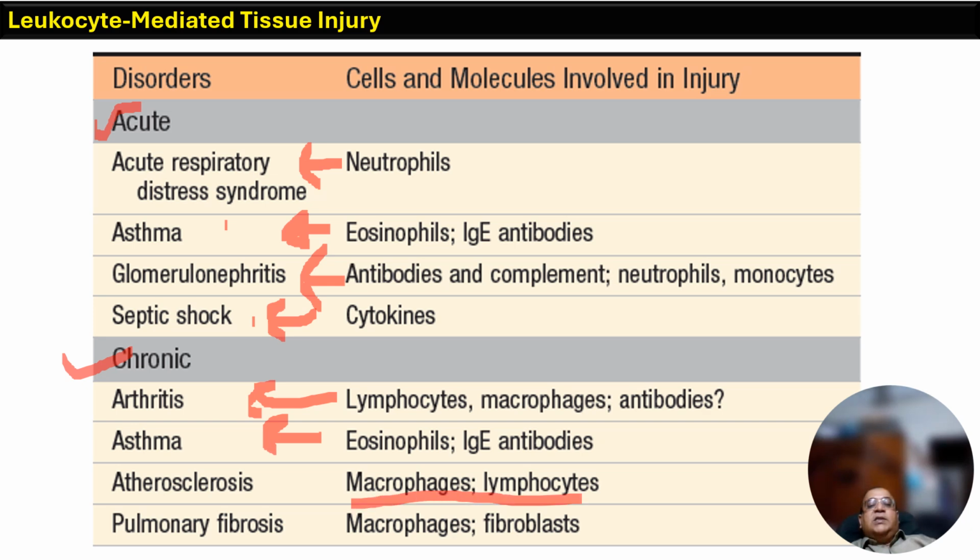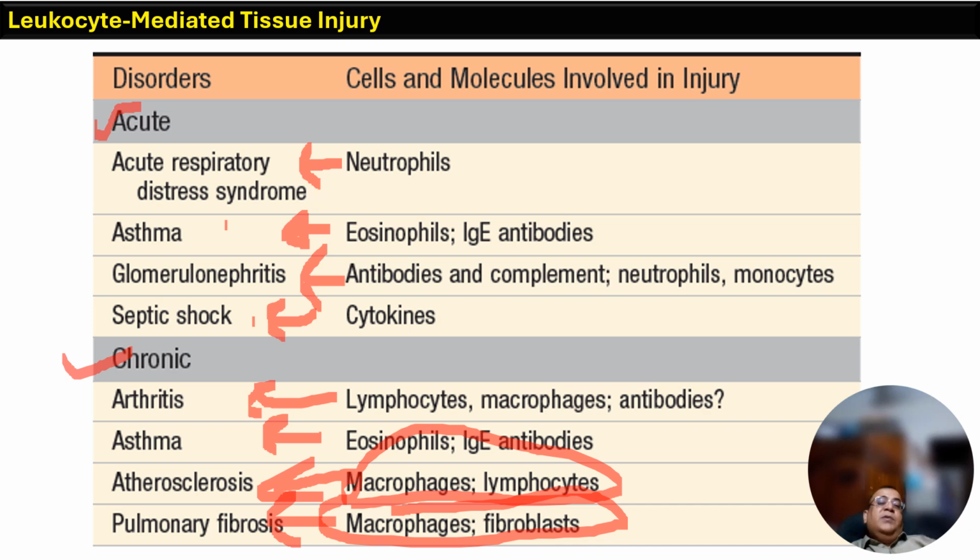Macrophages and lymphocytes are associated with the damage that occurs in atherosclerosis, while macrophages and fibroblasts are the major culprits associated with pulmonary fibrosis, and they are responsible for most of the damage that occurs in these conditions.